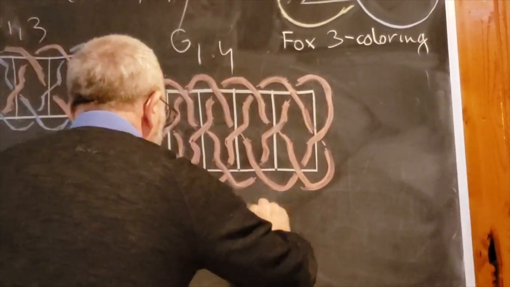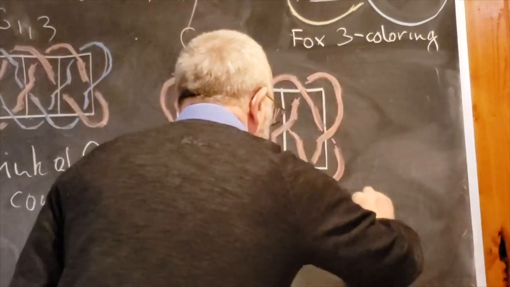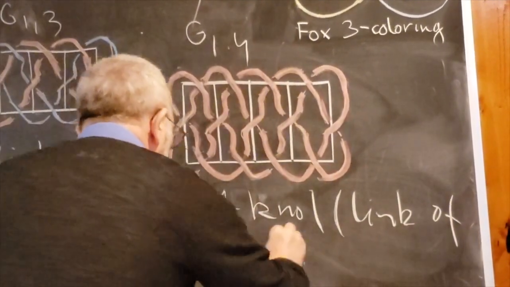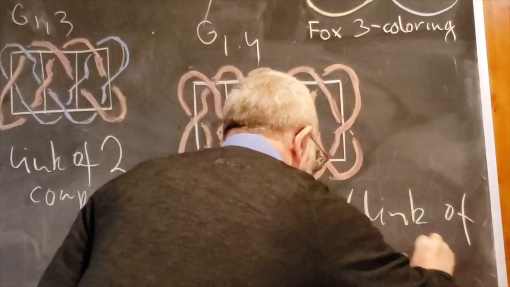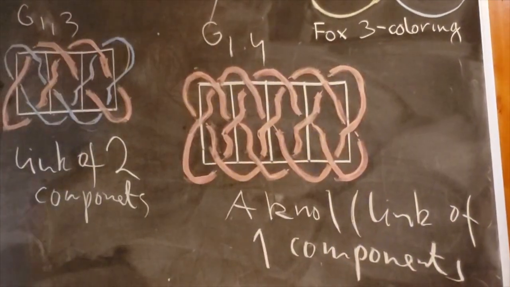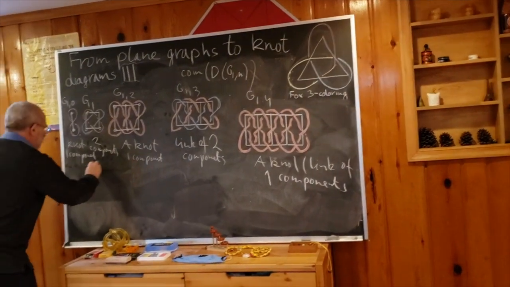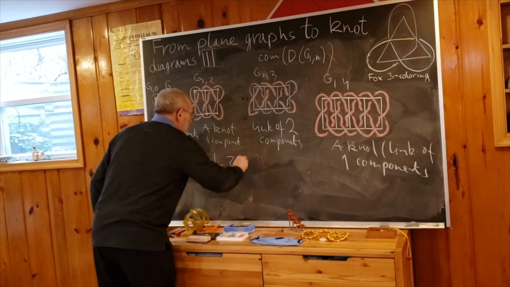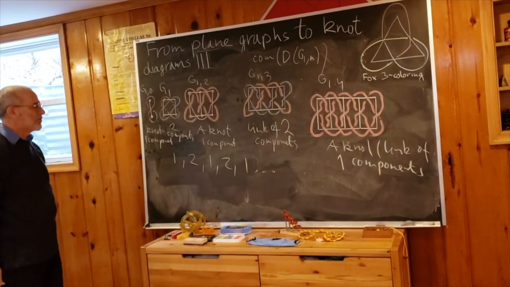A knot, which means a link of one component. So we have a pattern. The pattern was we started from 1, 2, 1, 2, 1, and we can predict that it will continue 1, 2, 1, 2, 1, 2.